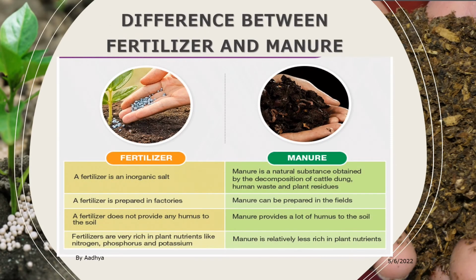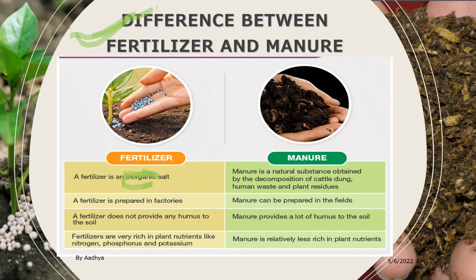The difference between fertilizers and manure is very important, right? So પહેલું તમે difference તમે યાદ કરી શકો છો કે જાતે લખી શકો છો, that is fertilizers are man-made, બરાબર? માણસોએ બનાવ્યું છે, while manure is natural. Second point તમે લખી શકો છો કે fertilizers છે inorganic salt છે, while manure is an organic one that is obtained by the decomposition of cattle dung, human waste and plant residues, right?